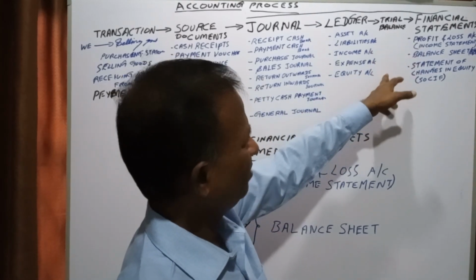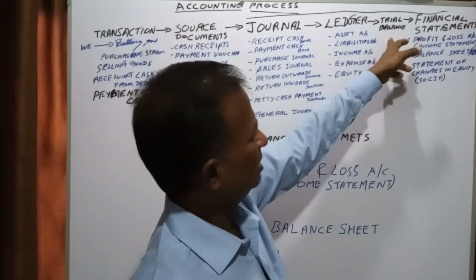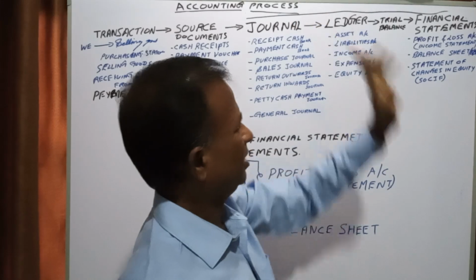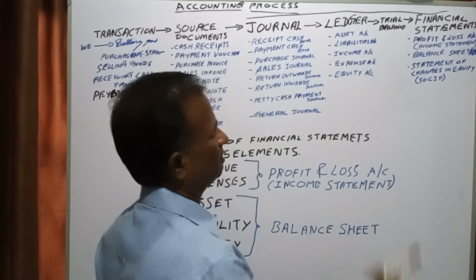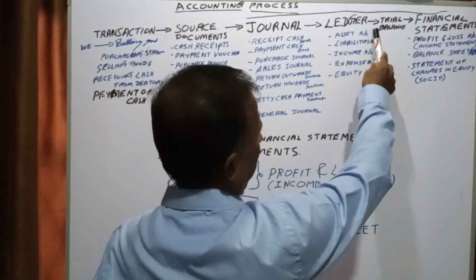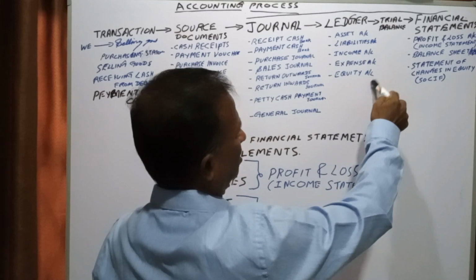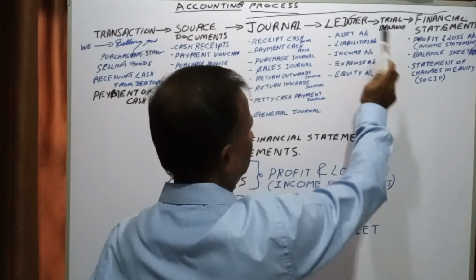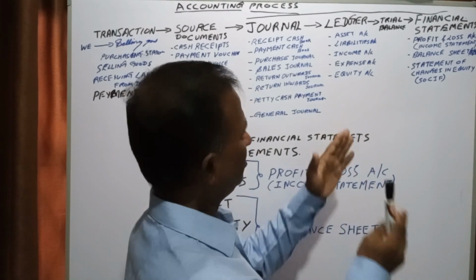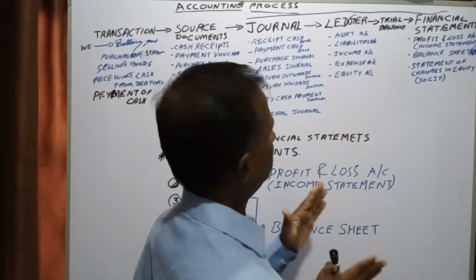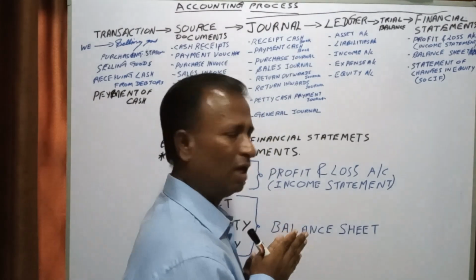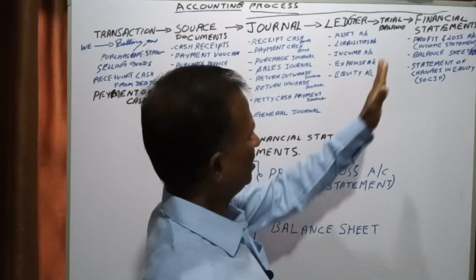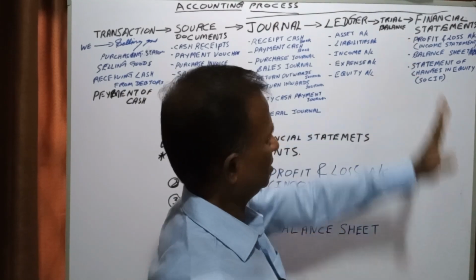Trial balance is normally said to be a summarized form of the ledger balances. All the ledger balances are summarized in the trial balance. If you go through the trial balance, you know what ledger accounts are available. All the ledger balances will appear in the trial balance, and vice versa.